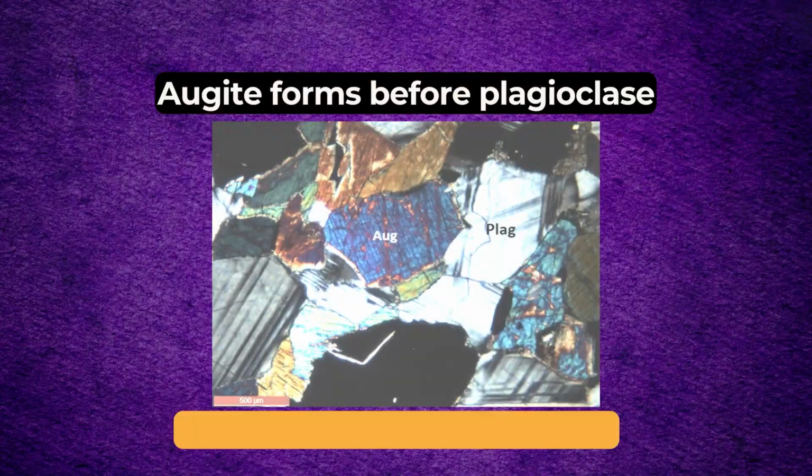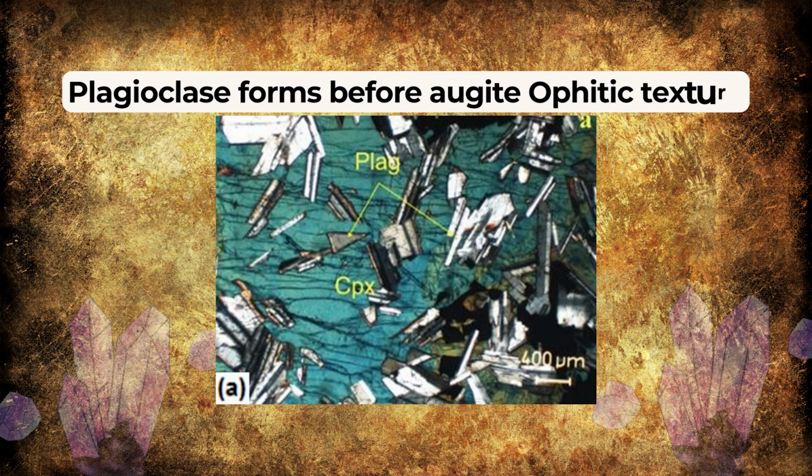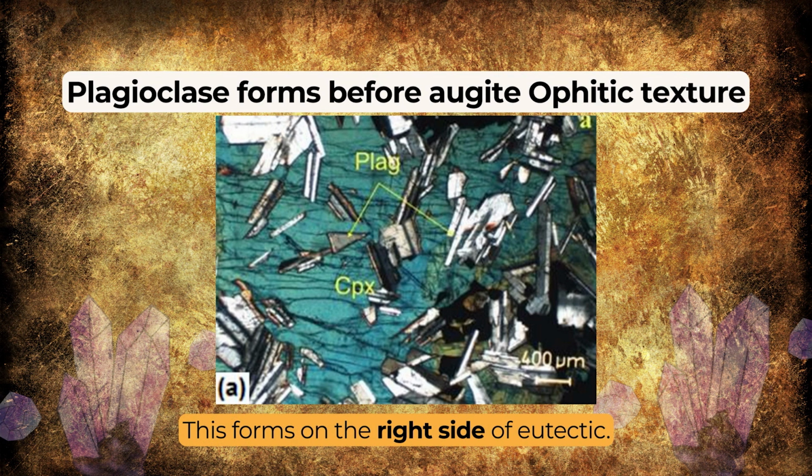eutectic crystallization. Augite forms before crystallization. Augite is shown over here in this photomicrograph with the help of high second order, third order polarization colors, and it is surrounded by plagioclase, which is showing the gray color with repeated twinning, and this plagioclase forms before crystallization of augite, and it gives rise to ophitic texture.